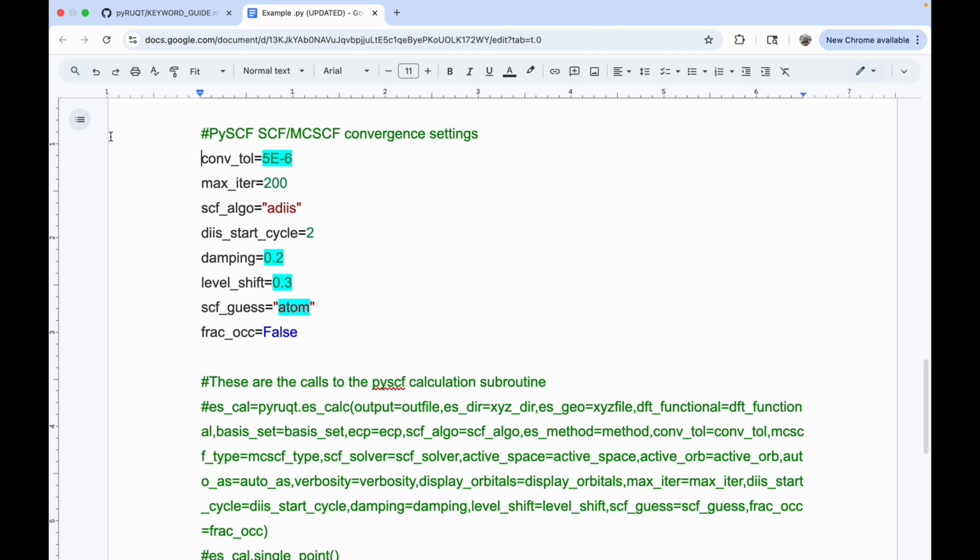Lastly, we have fractional occupation. Now, this can also be useful for convergence issues, as what fractional occupation does is, instead of 0, 1, or 2 electrons occupying an orbital, you can now have 0.5 of an electron or 1.5 of an electron occupy an orbital.